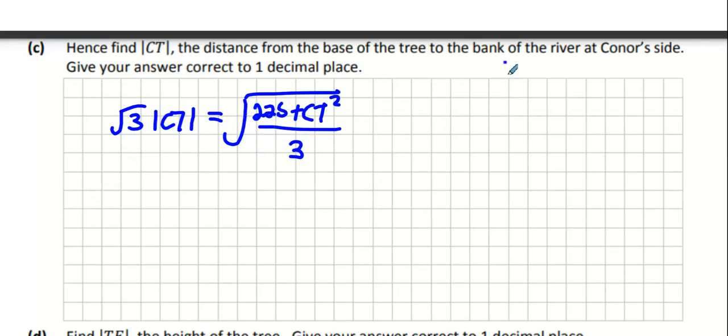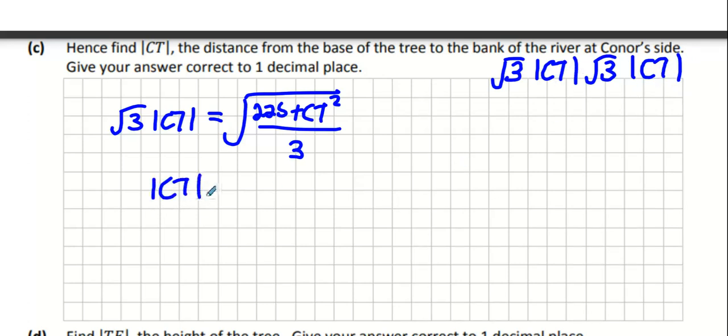So when I square root 3 CT, I'm going to have to multiply it by itself, which is going to be another root 3 CT. And CT multiplied by CT is CT squared. Root 3 multiplied by root 3 is 3. Square root, you just get rid of the square root. And that's what I'm left with on this side.